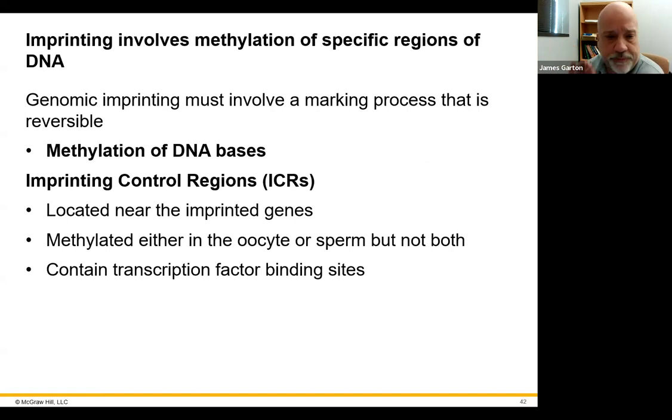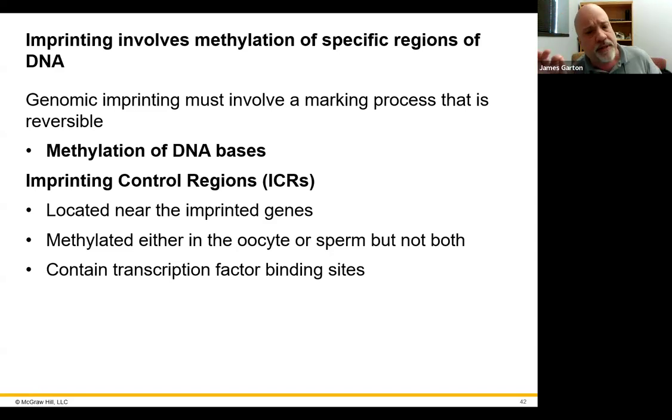And imprinting typically involves some way to mark specific regions of the chromosome. A very common way to mark specific regions of a chromosome is to methylate certain bases, which just means you add methyl groups to these bases.